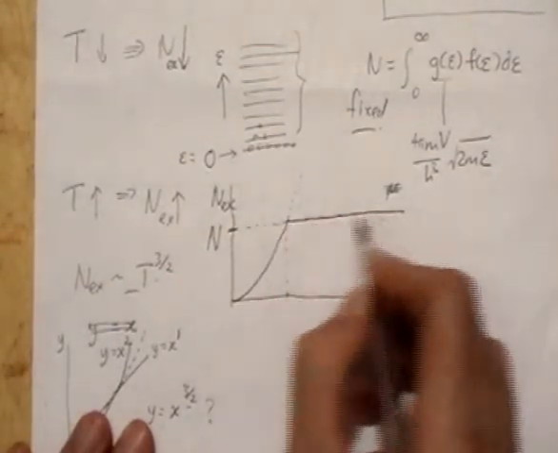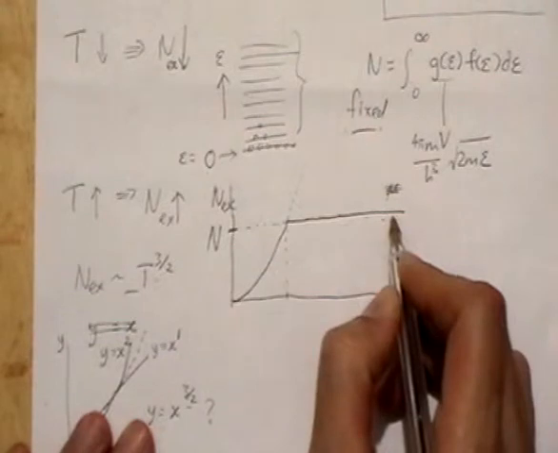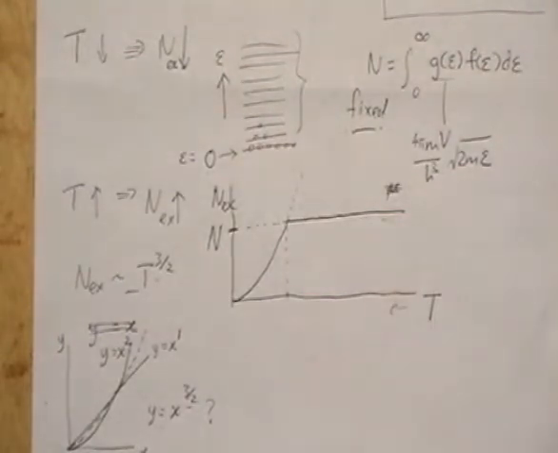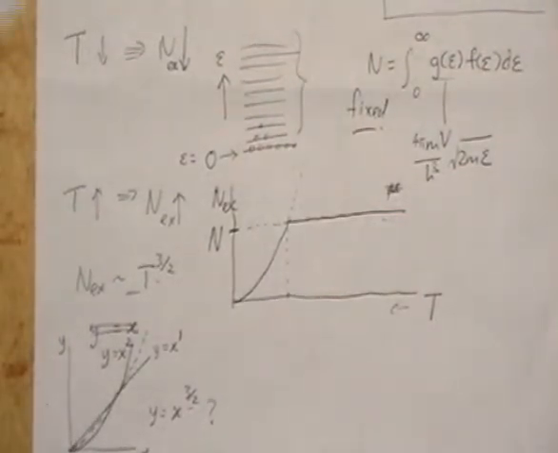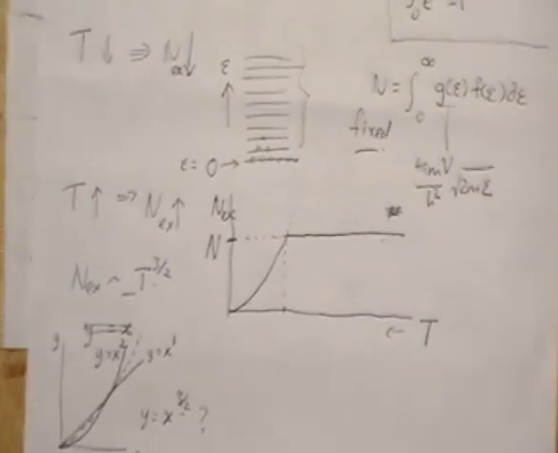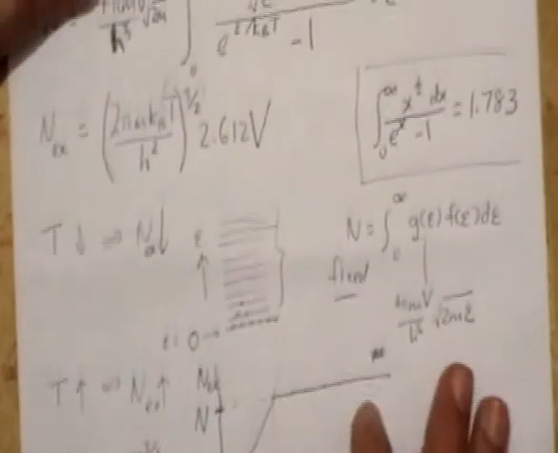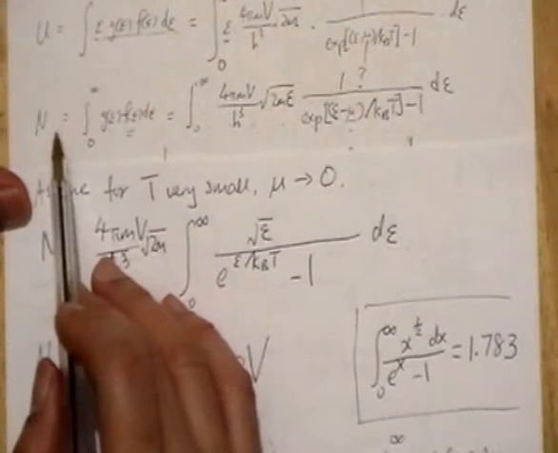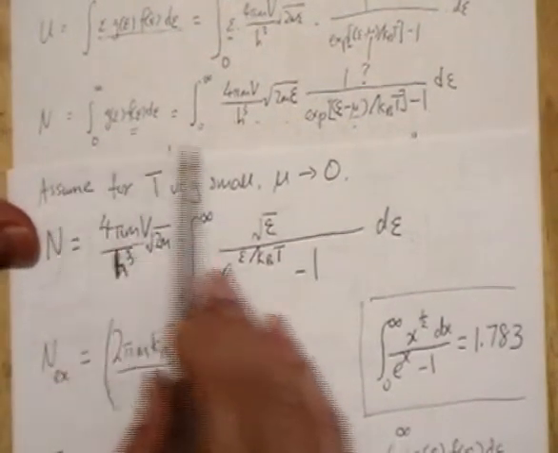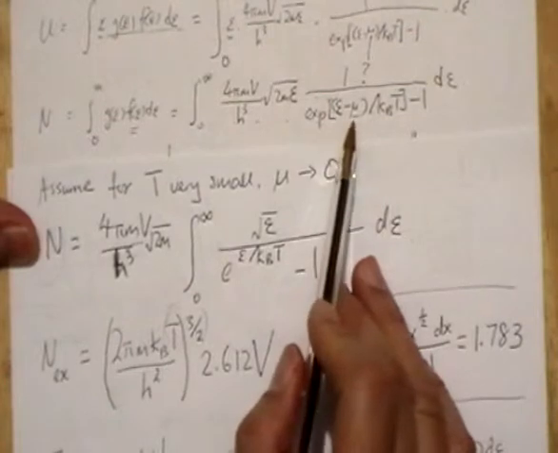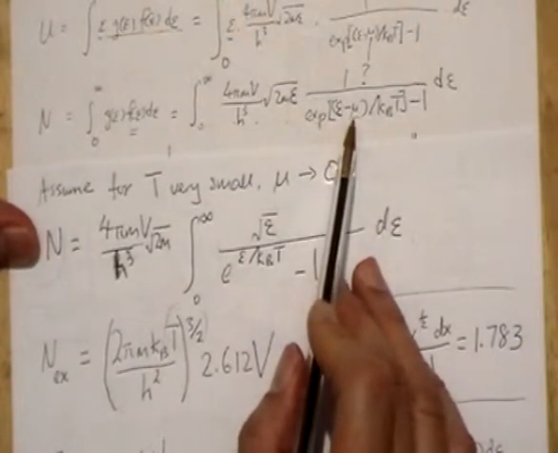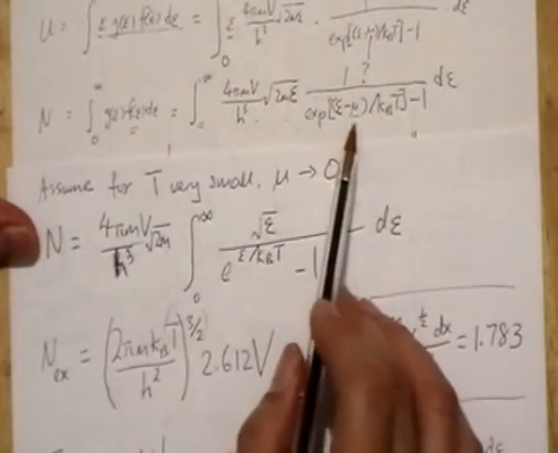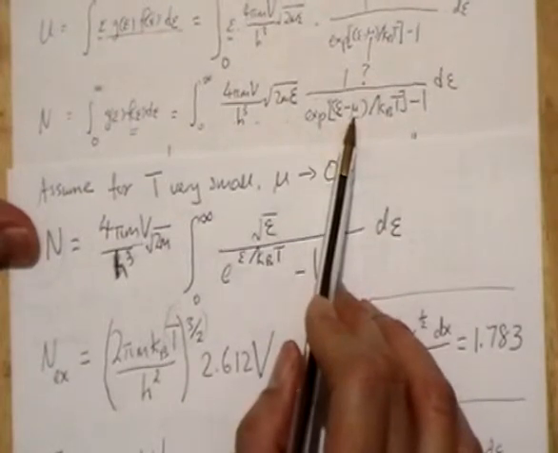Now the N here, if you recall, was determined by another integral. We had the integral there for N, which contains the chemical potential. And we have understood from all the graph sketching that as temperature falls, mu has to increase towards 0.